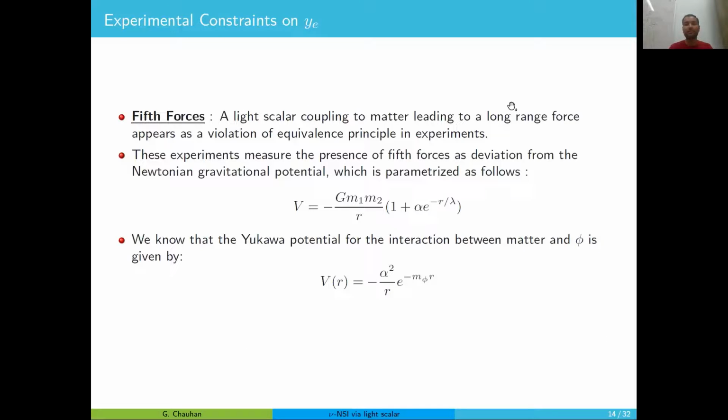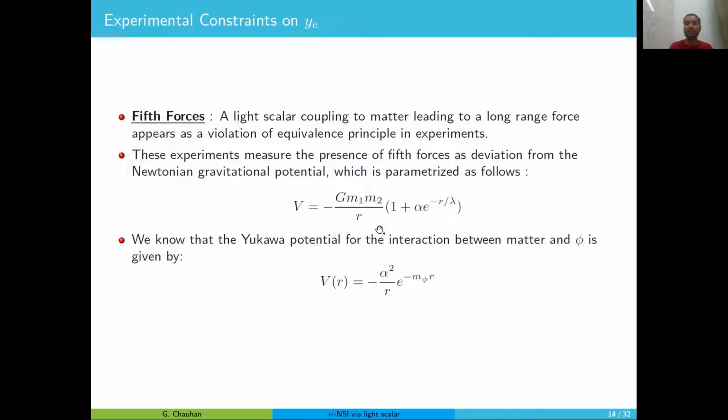The next very stringent constraint, actually the most stringent constraint, comes from fifth force experiments. A light scalar that couples to matter leads to long range forces, which appear as violations of the equivalence principle that are being probed in experiments. These experiments are designed with torsional balances, where there is a very thin string and two masses suspended on either side of a bar, and then they measure these extra forces apart from gravity on them.